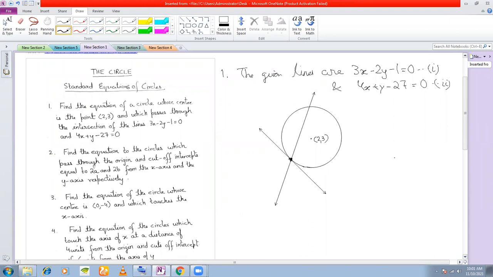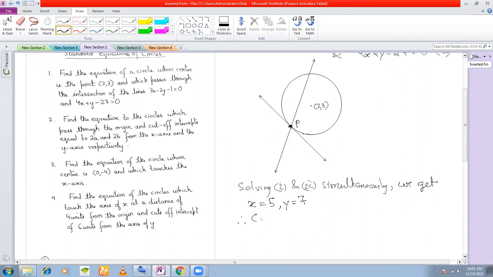You solve the equations, right? So we solve these two equations simultaneously, solving 1 and 2 simultaneously. Let's say we get x is equal to 5 and y is equal to 7. Okay, so coordinates of this point here, let's call it P. The coordinates of P here is 5, 7.